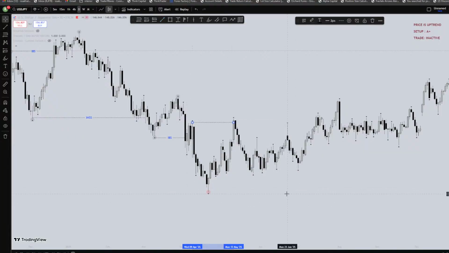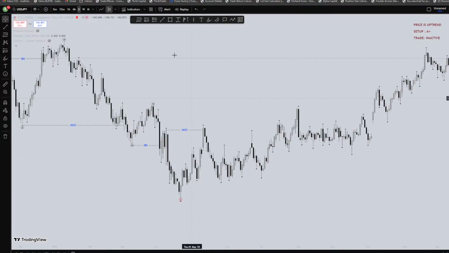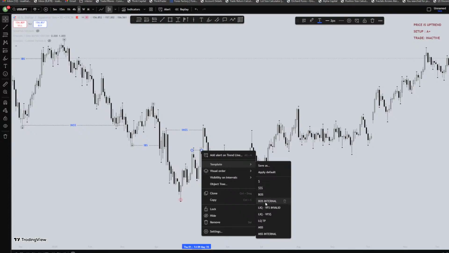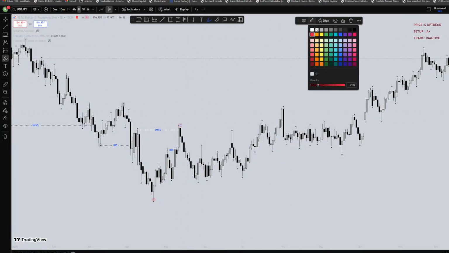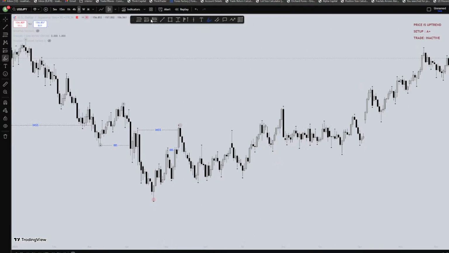We have an internal axis right there with multiple internal breakout structure. So this will have been our internal point.